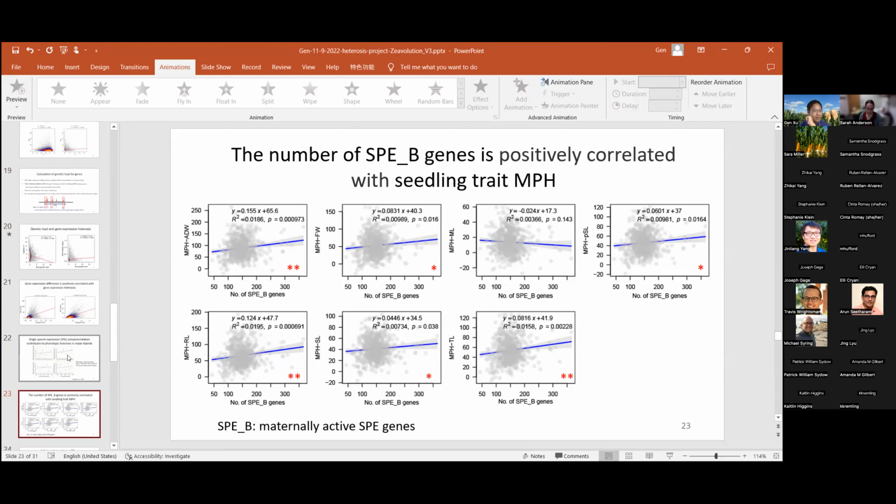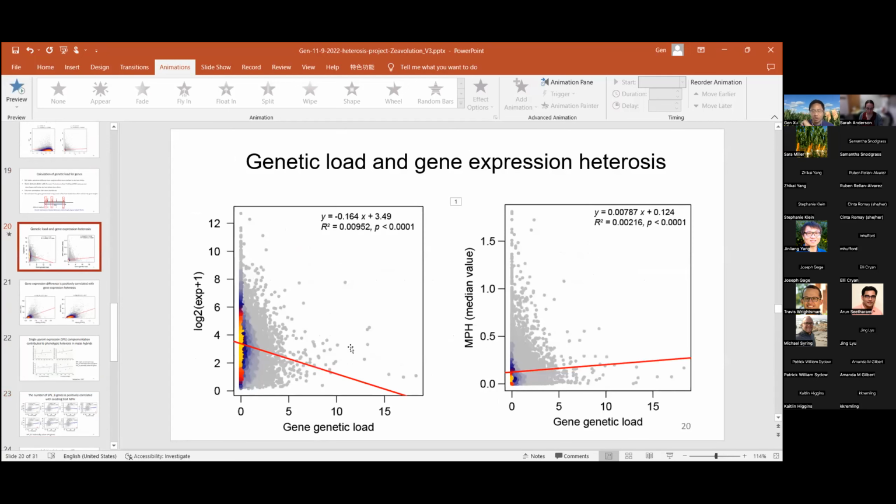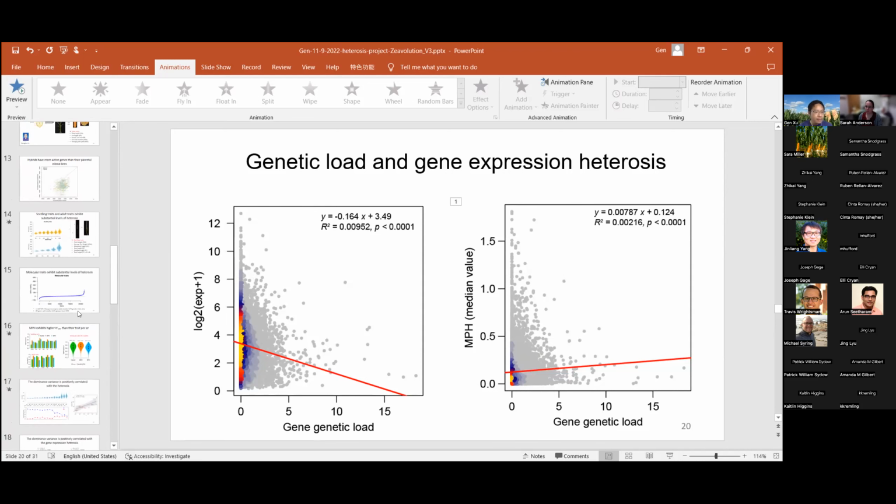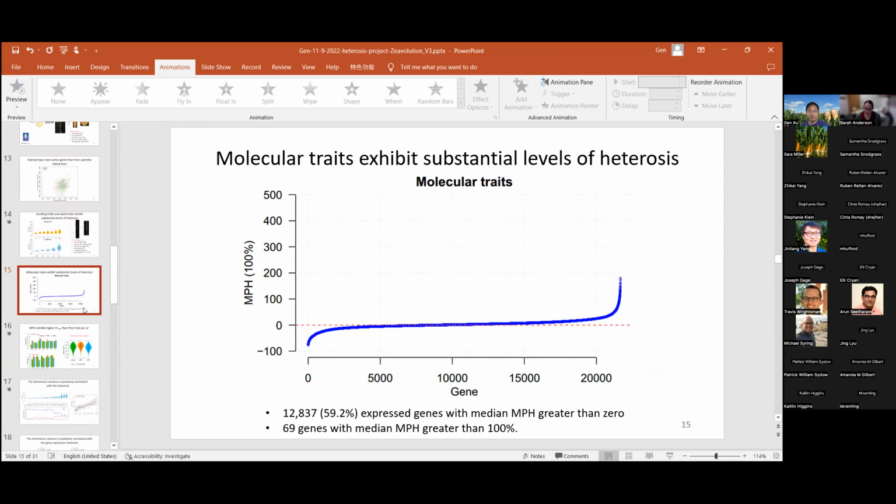Could you go to the slide where you show the mid-parent heterosis of the gene expression? You say that 60% of them show higher expression than the parents. But I'm questioning about those genes that are below 0. Are they contributing to heterosis as well?